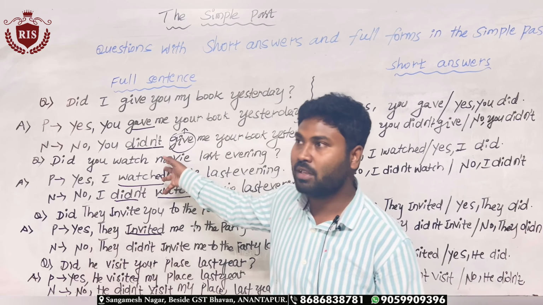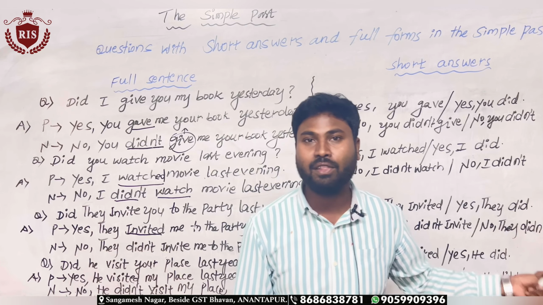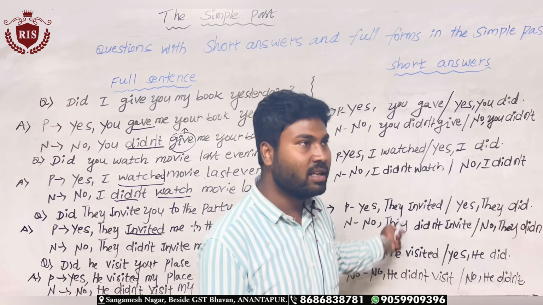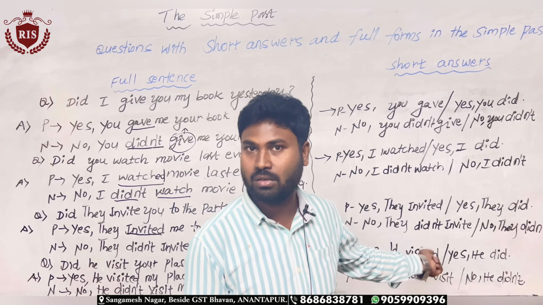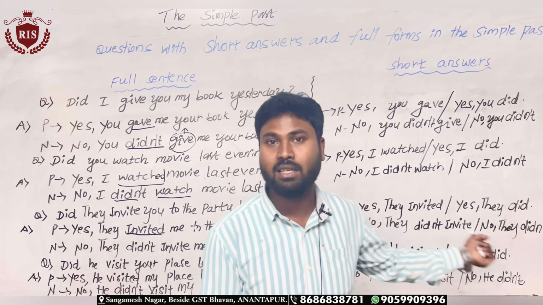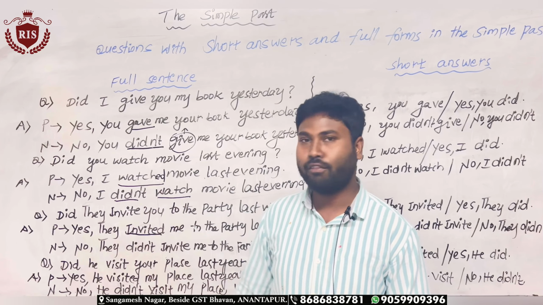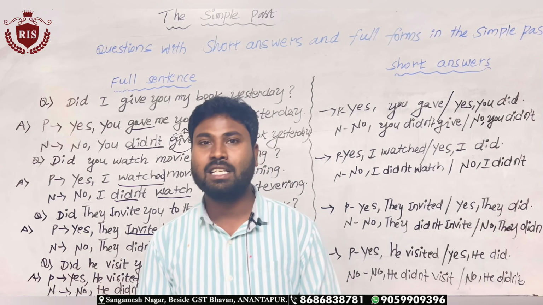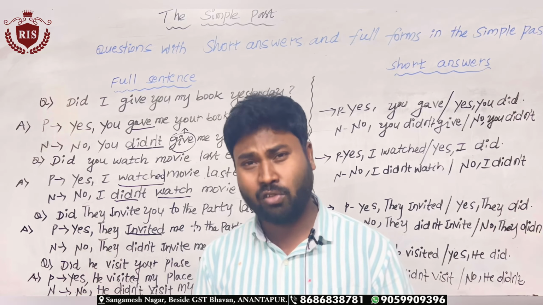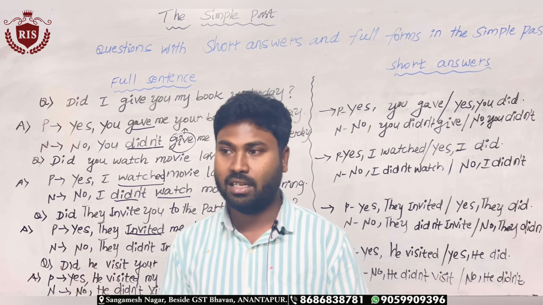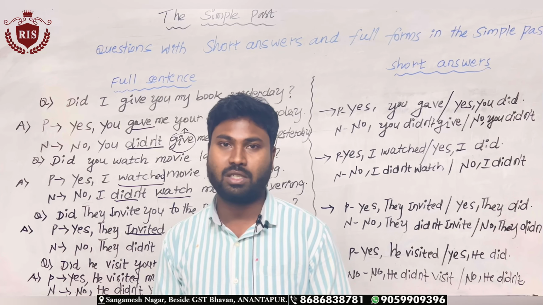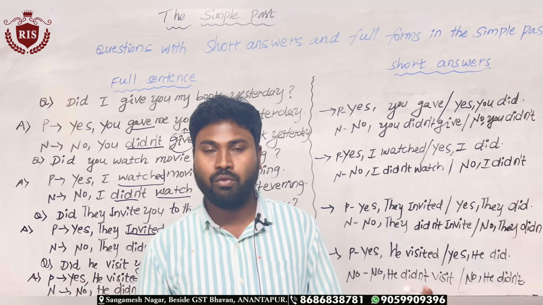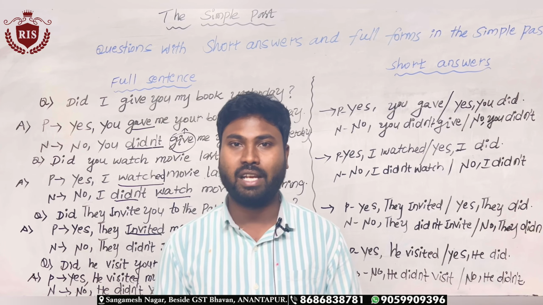As for how to end with the verb in the short answer, we have clearly explained that today, and I wrote some examples on the board. Taking the reference of these examples and the formulas, write as many questions as you can and also answers to those questions: full sentences, positive and negative, and short forms, positive and negative.